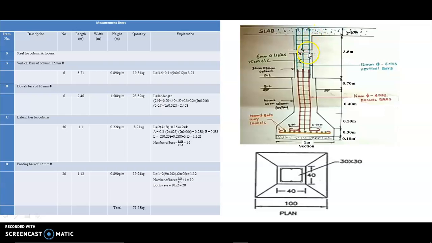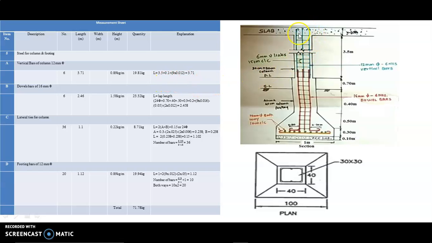For that, we take 3.5 plus 0.1, because the reinforcement goes from this point to this point. That's why we take 3.5 plus 0.1 as a length.